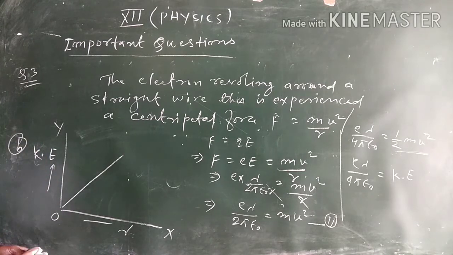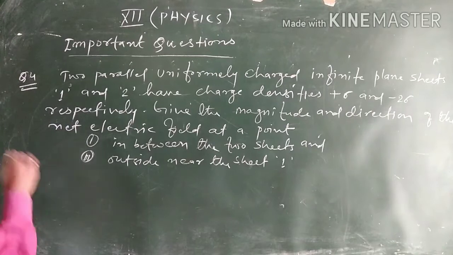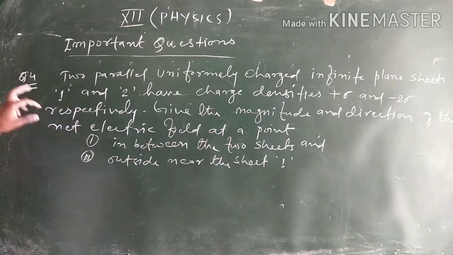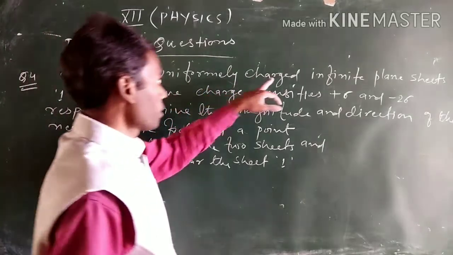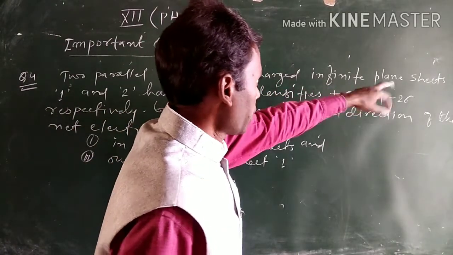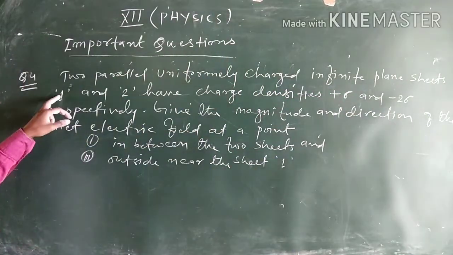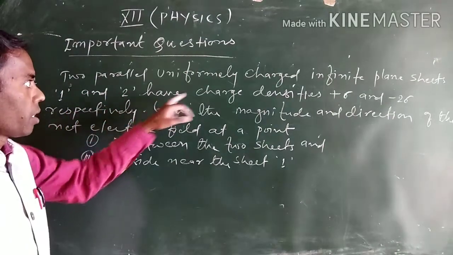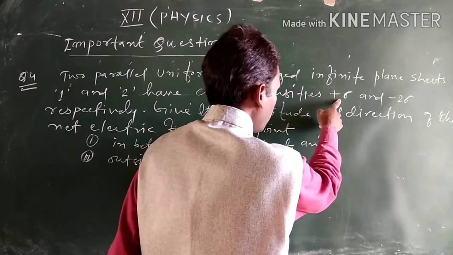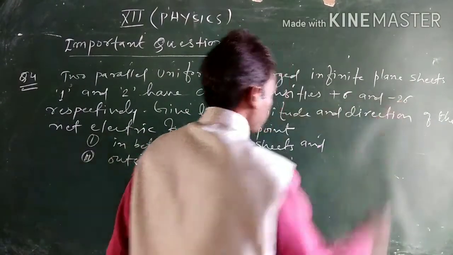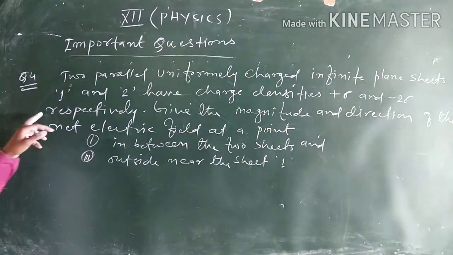Now question number 4. Our next question is this one. Two parallel uniformly charged infinite plane sheets 1 and 2 have charge densities plus sigma and minus 2 sigma respectively.